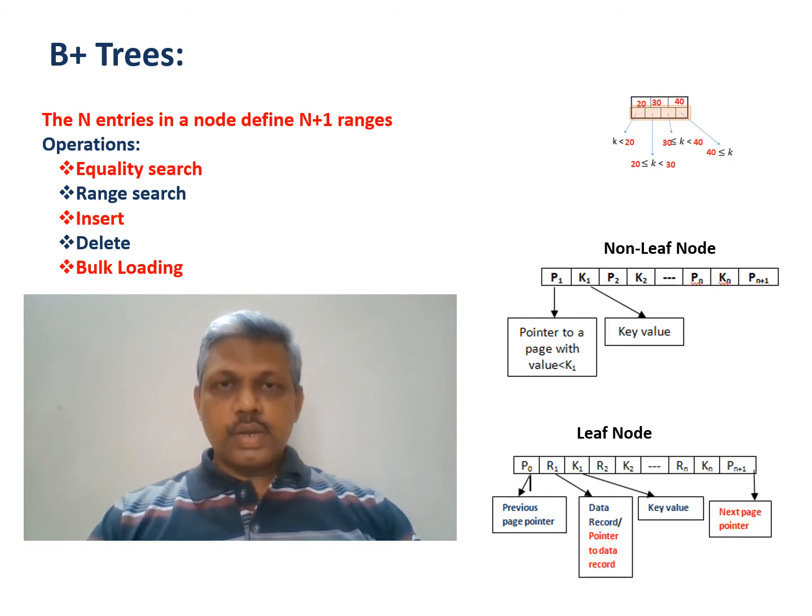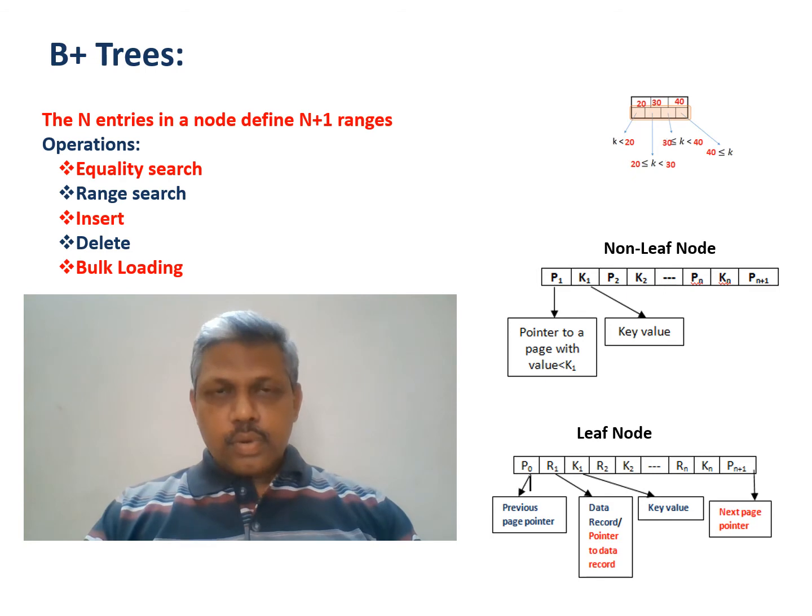So it should be a pointer pointing to the previous page. And then a record or link to a record, that is R1, and then the key value which supports this R1, and then record, key value, record, key value, like that it can be stored. And the rightmost part again should be a pointer pointing to the next page.